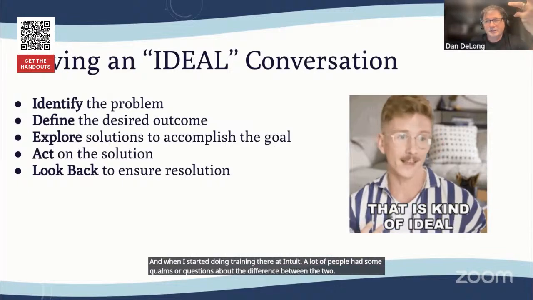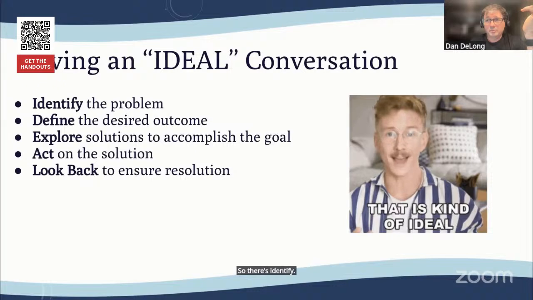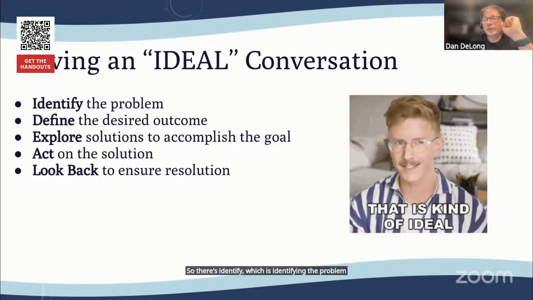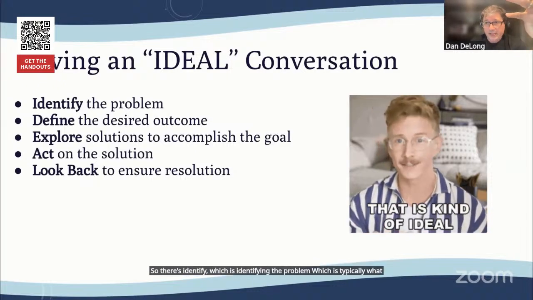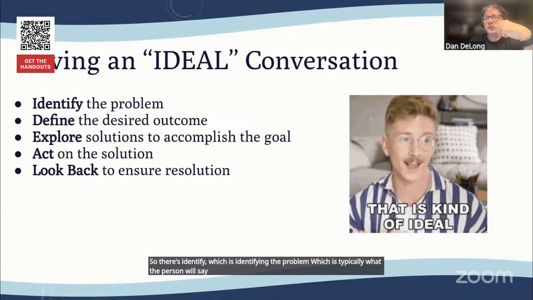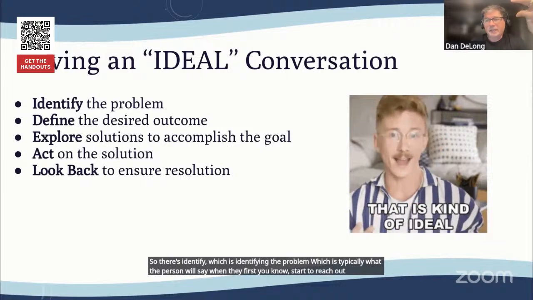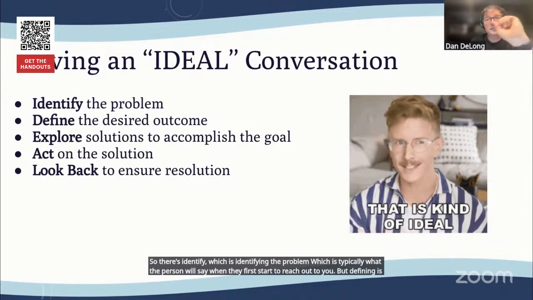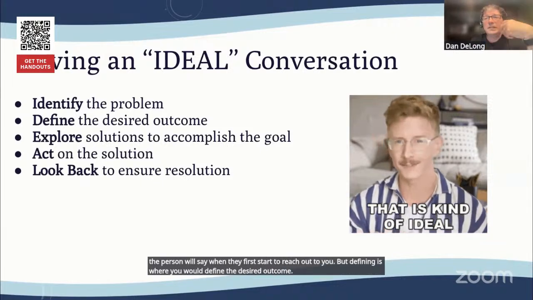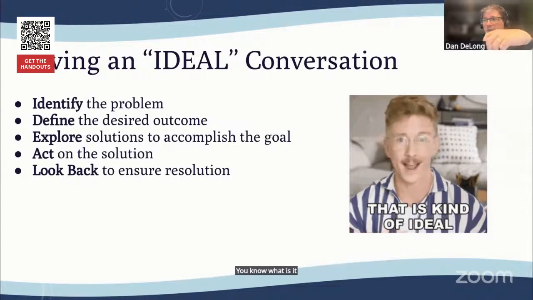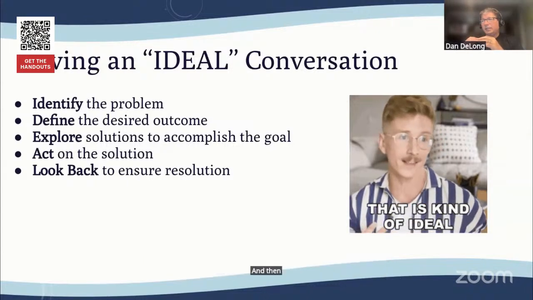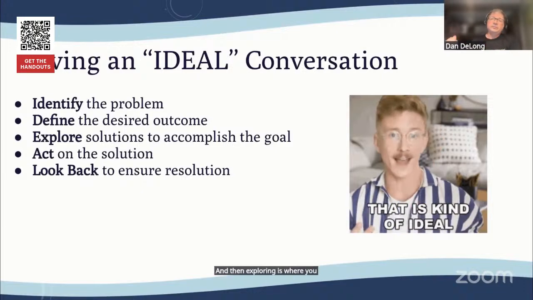So there's identify, which is identifying the problem, which is typically what the person will say when they first start to reach out to you. But defining is where you would define the desired outcome. What is it they actually are wanting to do? And then exploring is where you explore those solutions to accomplish that goal.